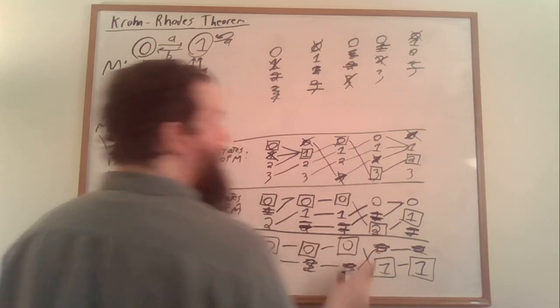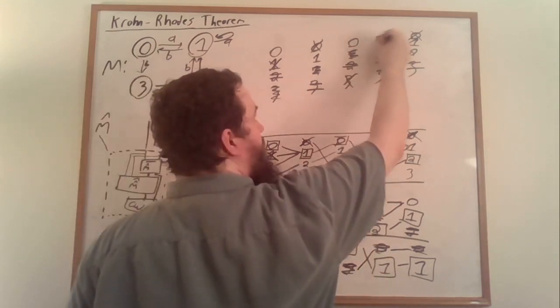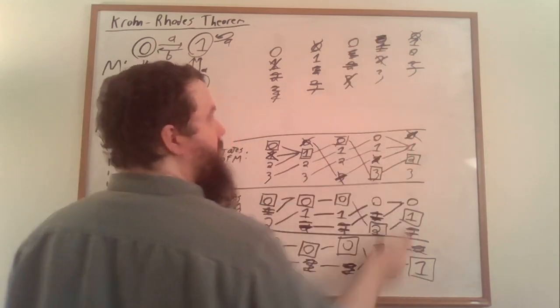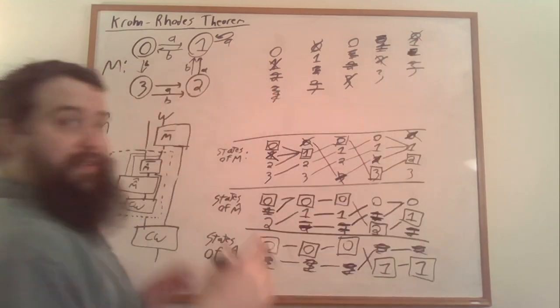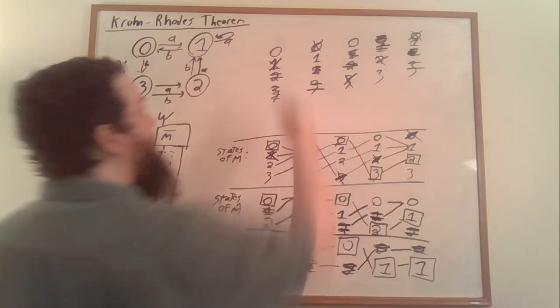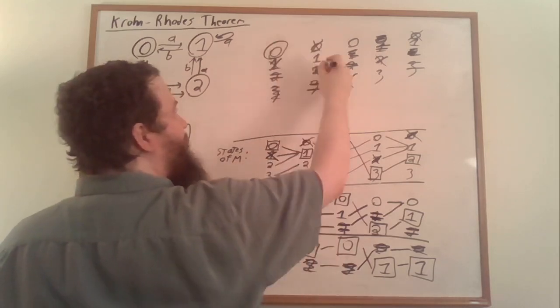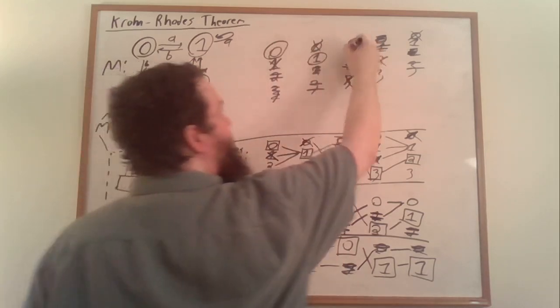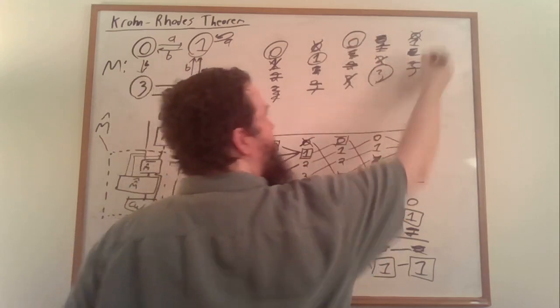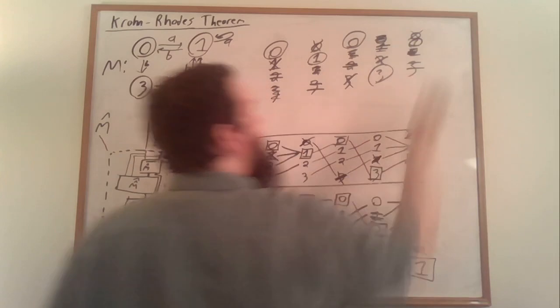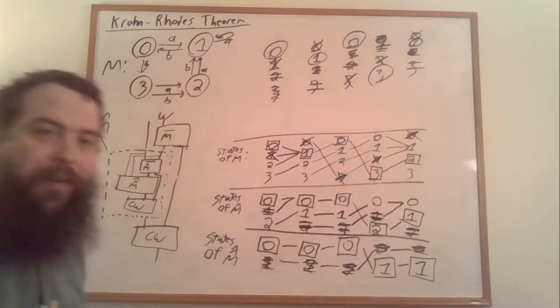This tells us to cross out the first of them. And this tells us to cross out the first of them. And so the states that remain are the run. I've erased it, but trust me, these are the run of the original automaton M.